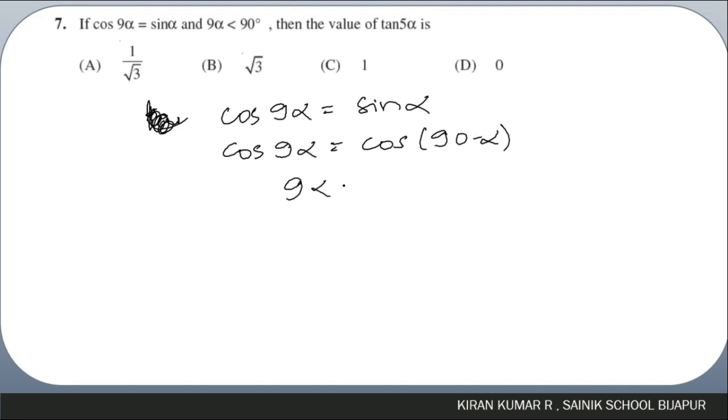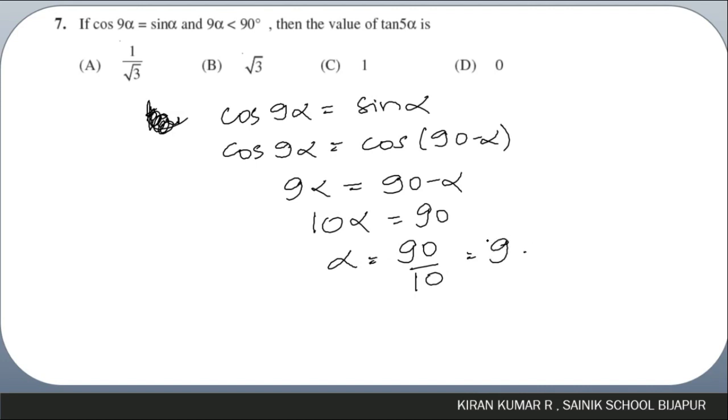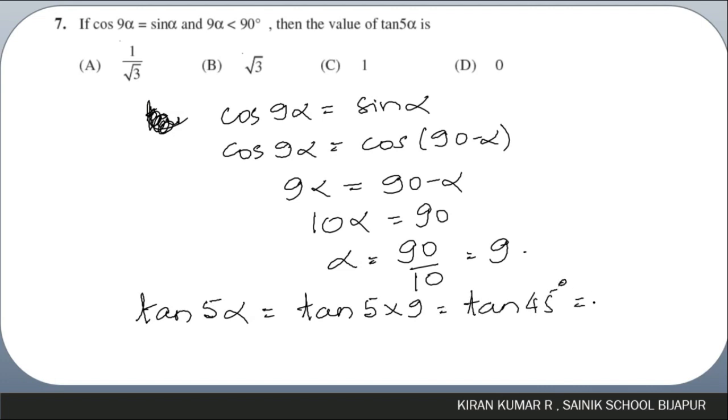So 9 alpha can be equated to 90 minus alpha. So it becomes 10 alpha equal to 90. Alpha value will be 90 by 10, which is equal to 9. They have given the value of tan of 5 alpha. So tan of 5 times 9 is tan 45 degrees and it will be equal to 1. So option C is the right answer.